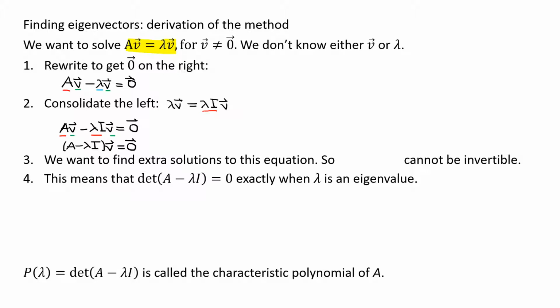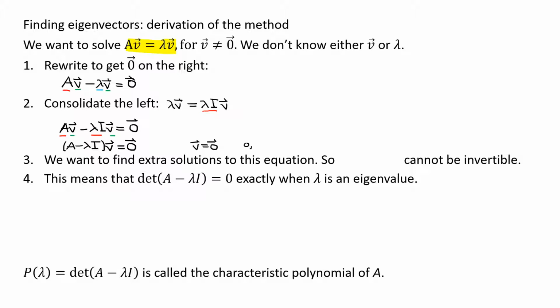So one more time, what we're looking for is numbers lambda and vectors v so that A minus lambda I times v is going to be equal to 0. We already always have the solution v equals 0. But we want to find non-zero solutions as well.